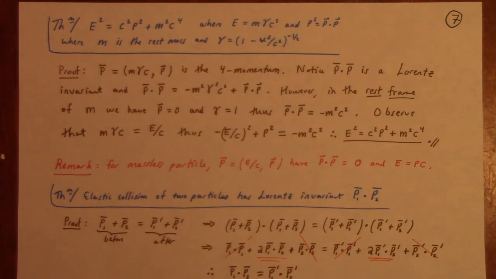And then often there's a special frame. Sometimes it's the rest frame, sometimes it's something else, like the center of mass frame for a collision problem, or maybe the laboratory frame. There's some frame where you can simplify your thought process, and you can find the value of the invariant specifically for that frame.